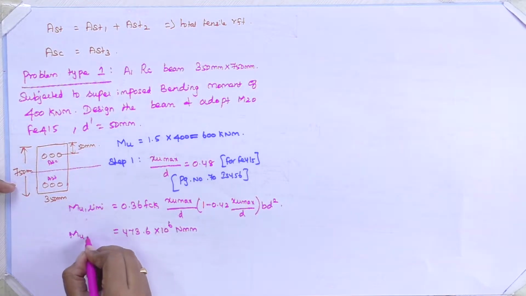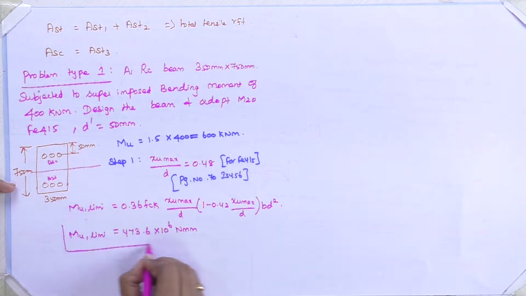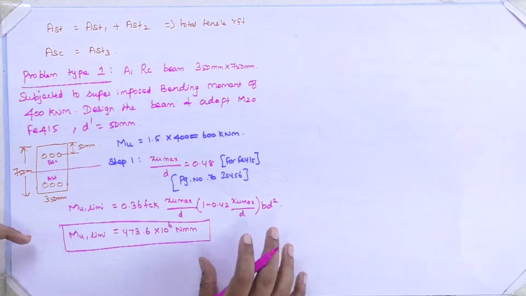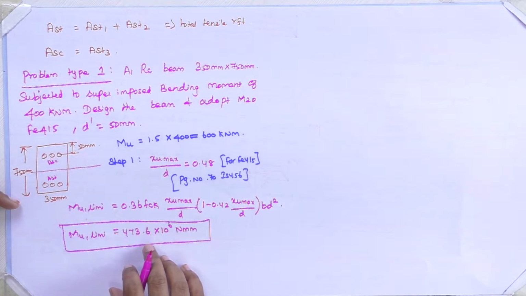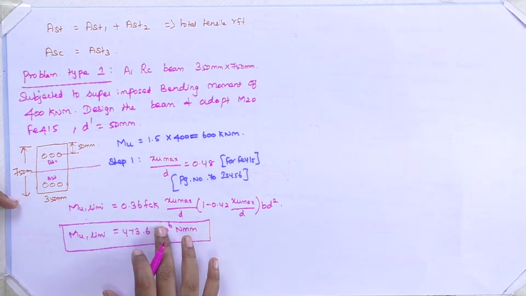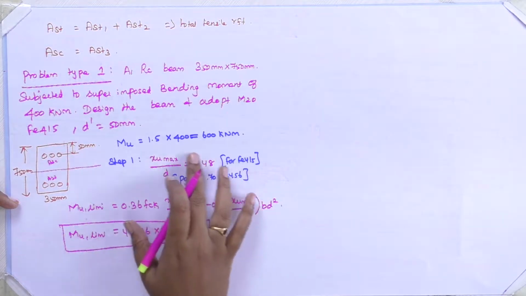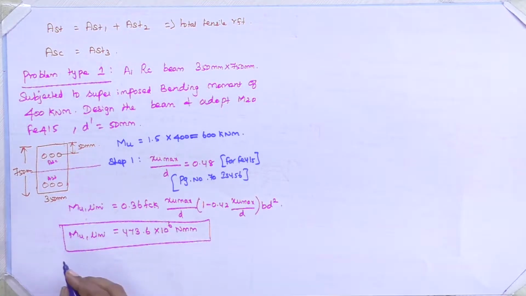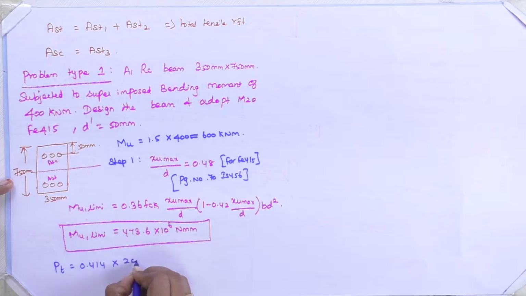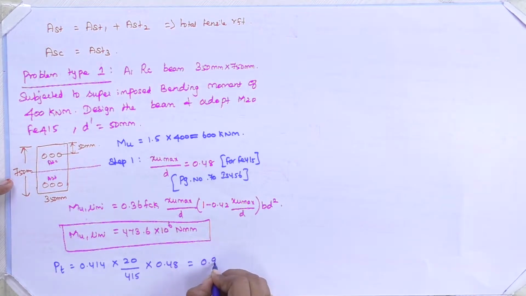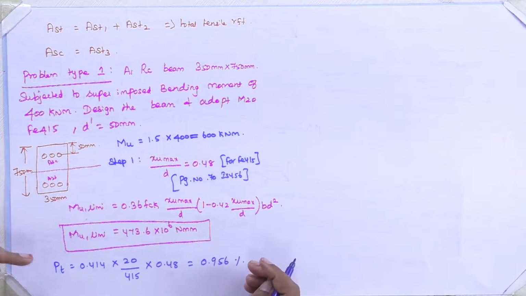This is my Mu limit, right? Mu limit. Now I can calculate the pt value from my Xu max by D. Pt is equal to, I have a formula, 0.414 into 20, that is your fck, divided by 415 into 0.48. I'll get around 0.956 percent. This is the allowable pt for my section.